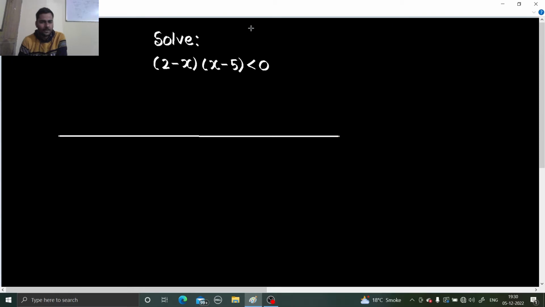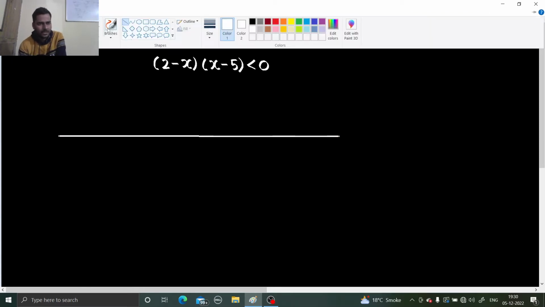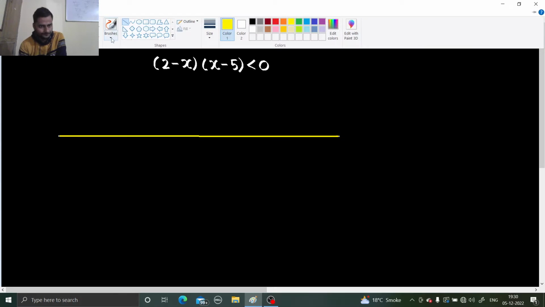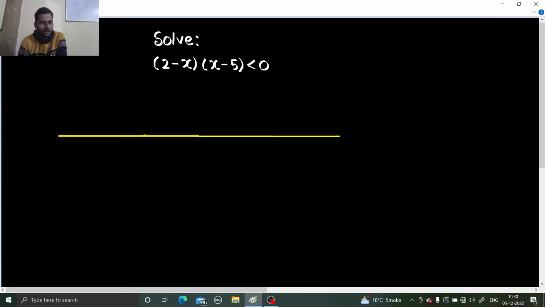Now in this number line, the critical points are to be plotted. How do we get those critical points? Just equate these brackets to 0. If you equate the first bracket to 0, you are going to get x as 2.